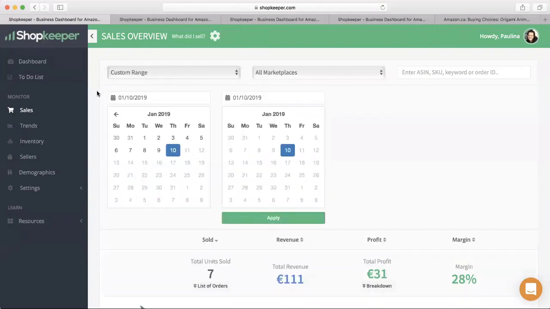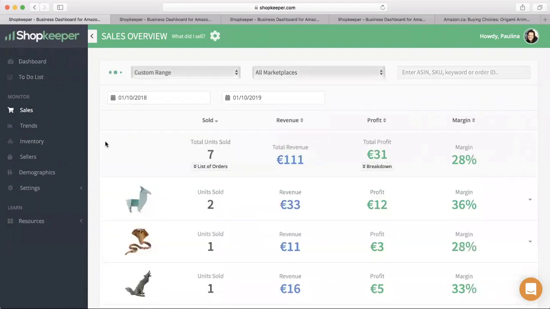Shopkeeper can help you see what the current value of the business is when you would like to sell it. For example, you would take a date range that is exactly 1 year before today. In this case we just change the year and click apply.